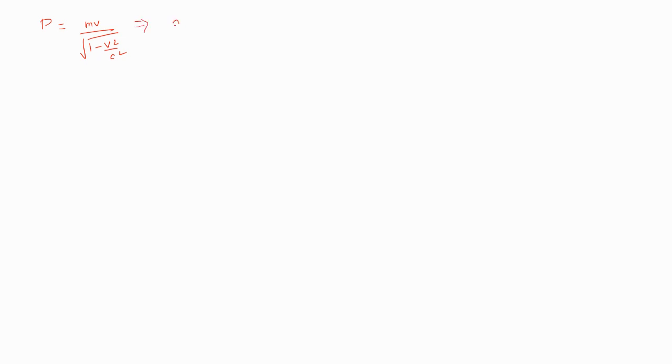So dp by dt, differentiate it. First, we will differentiate v, so we will get dv by dt, right? And 1 upon under root 1 minus v square upon c square will remain like this.